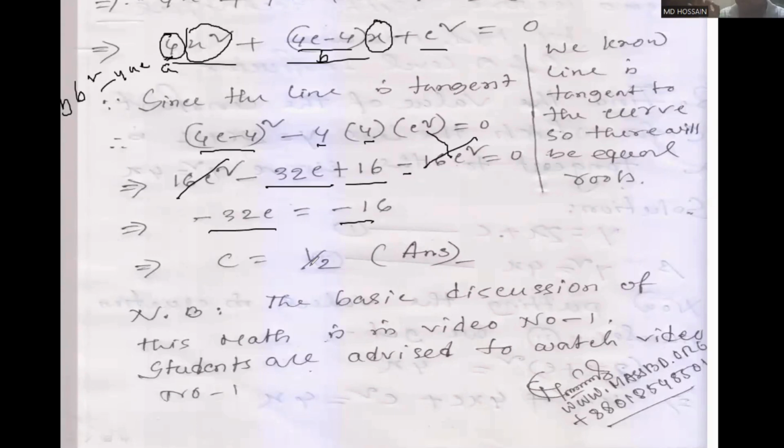I repeat, when the line is tangent, as mentioned in the questions, or the equation that is formed is not easily solvable by middle term factor, then you will go for b squared minus 4ac. If it is solvable by the middle term factor, then you will go for that. What middle term factor is and how you do it, I have discussed in video number 1, and in video number 3 we will discuss it in detail with examples and exercises.